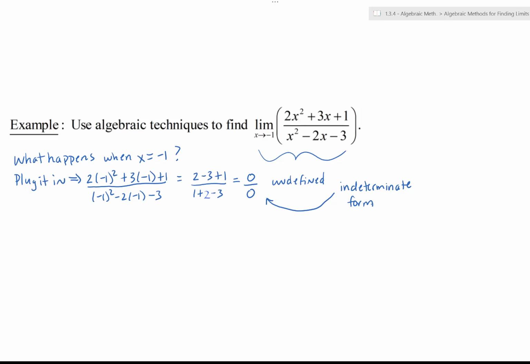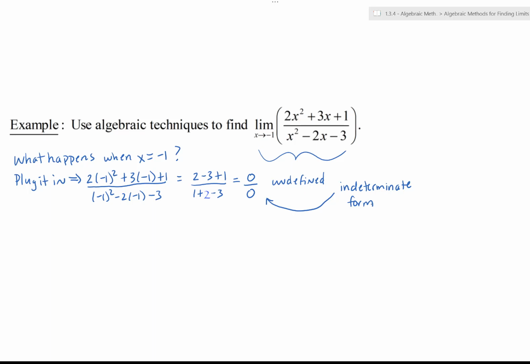So we try to think about, okay, if this limit exists, clearly the function is not going to be defined at x equals -1, but that's okay, because it could be the situation in which we have a removable discontinuity in the graph, like a hole in the graph at x equals -1, but the limit still exists.